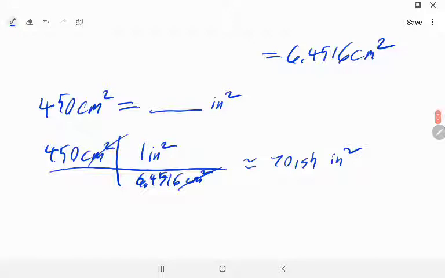Then volumes get even more interesting. For volumes you have to cube everything.